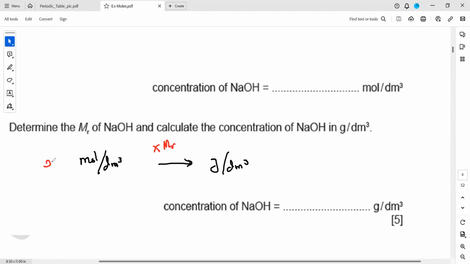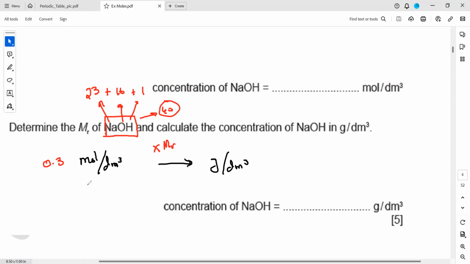So this was 0.3. We want grams per dm cube, so you multiply by the molar mass of sodium hydroxide. You will use a periodic table. Sodium is 23, oxygen is 16, and hydrogen is 1. So 23 plus 16 plus 1 makes a total of 40, so the molar mass is 40.